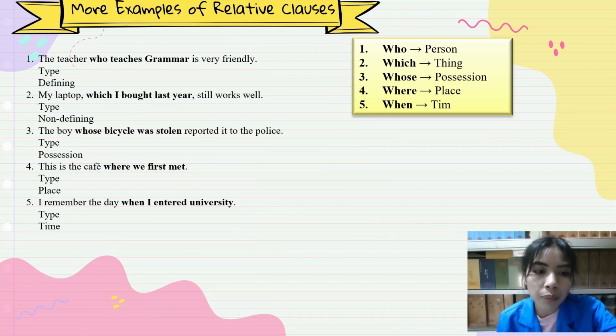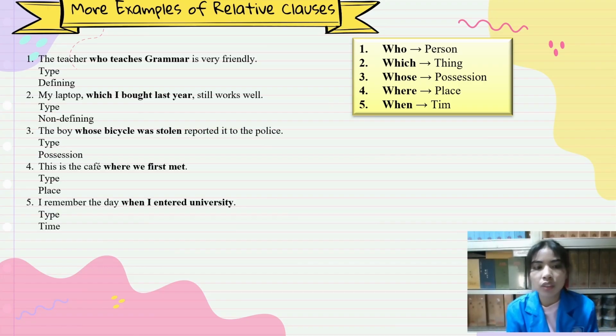Okay, next, more examples of relative clauses. Here are some examples of relative clauses. The first example uses who because it refers to a person. The second example uses which because it refers to a thing.